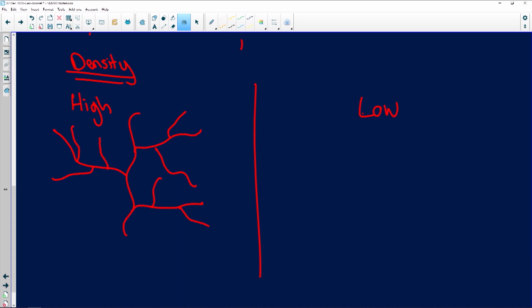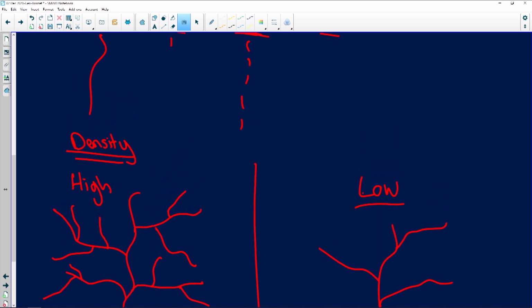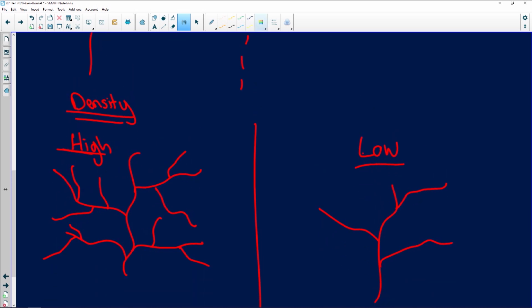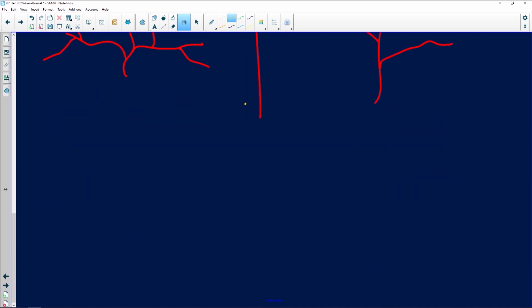And then I'm going to explain stream order as well. In a low density, only a few tributaries. Now, rivers have high density or they are low density. Simple reason why is because of the following factors.